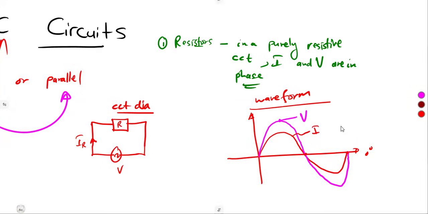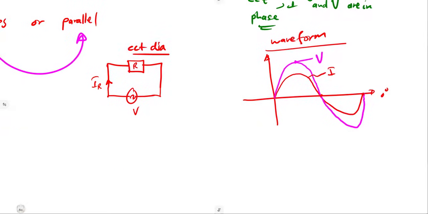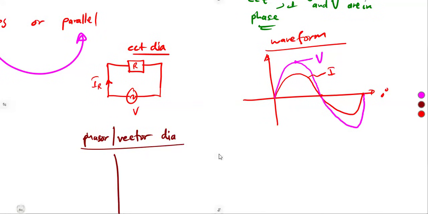It is best that we have this in the form of a vector diagram or a phasor diagram. Because we are saying these two are in phase, it is best to understand it that way.